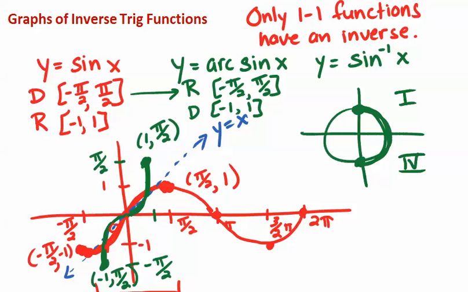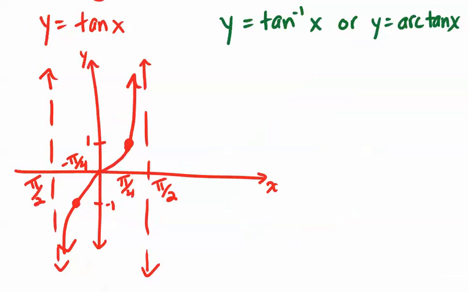Okay, one more to go. To save us some time here, we've already got a graph. And remember, of course, that we would have repeated branches. Did I say sine? I'm sorry, tangent wave.